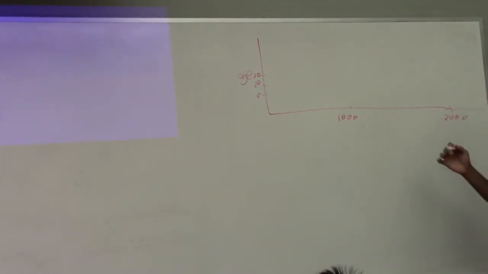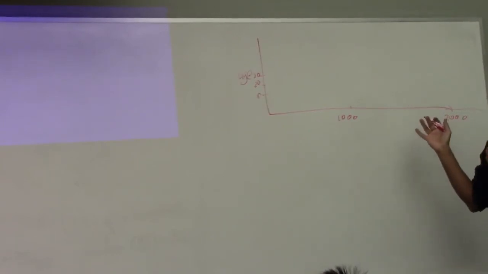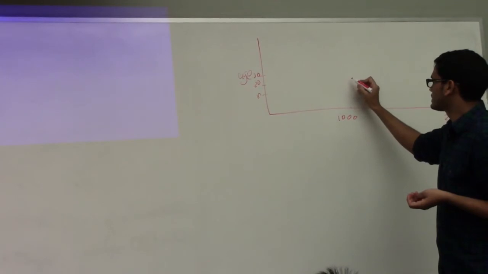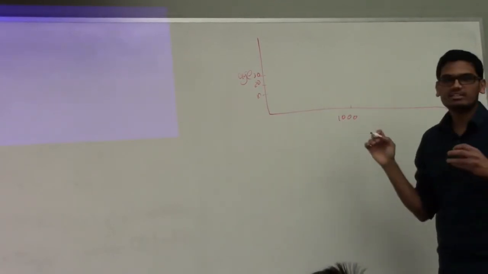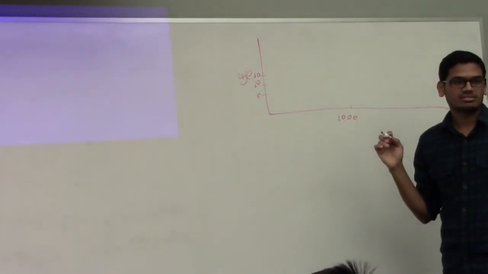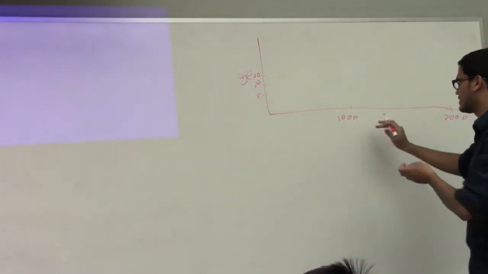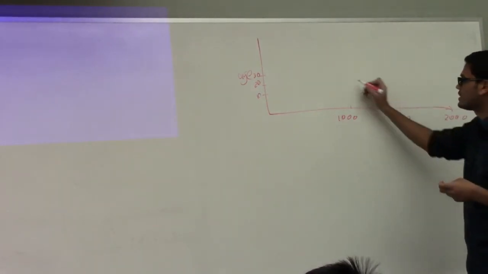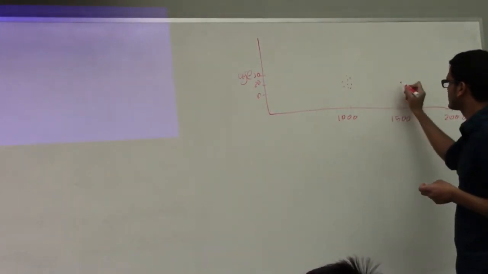This is how it is in Euclidean space. You don't see the scaling happen. Say your company is giving a salary of either 1,000 or 1,500 or 2,000. You'll see points somewhere like this.